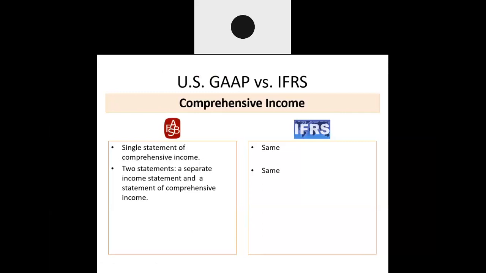However, after 2011, it's not allowed anymore. So only these two options are given to the companies.